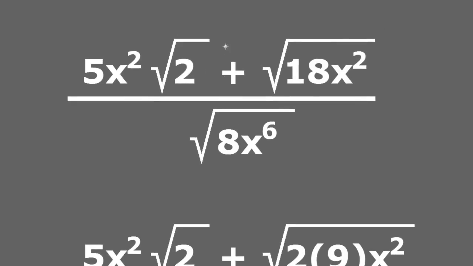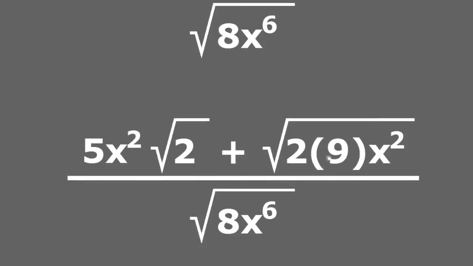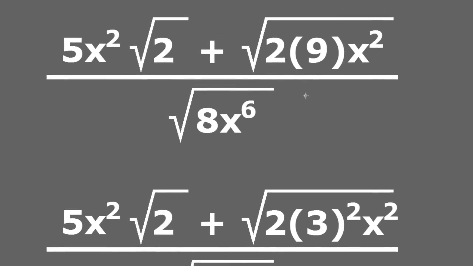Now I'm going to work on the square root of 18x squared. 18, I'm going to factor it as 2 multiplied by 9. So 2 multiplied by 9 is the same thing as 18. Now that number 9, I can rewrite it as 3 squared. 2 multiplied by 3 squared also equals 18.